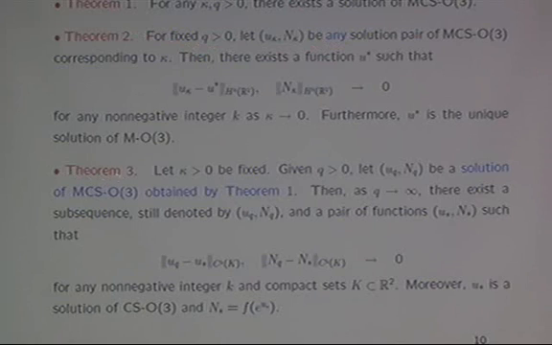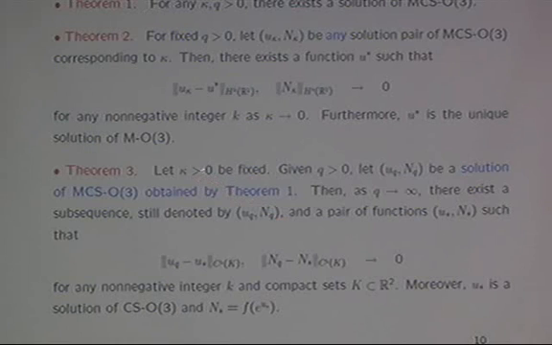But for the Chern-Simons limit, we did not succeed in proving the limit for any solutions, only for the solutions obtained by theorem 1.